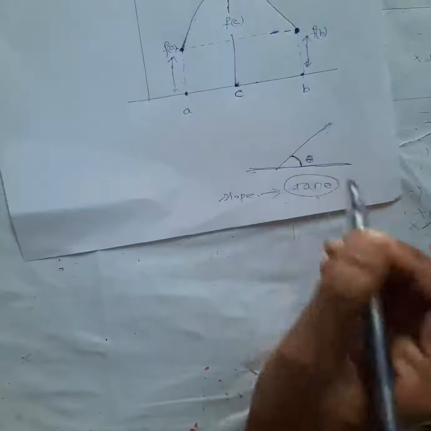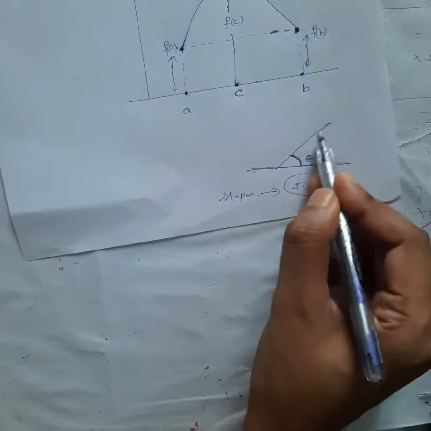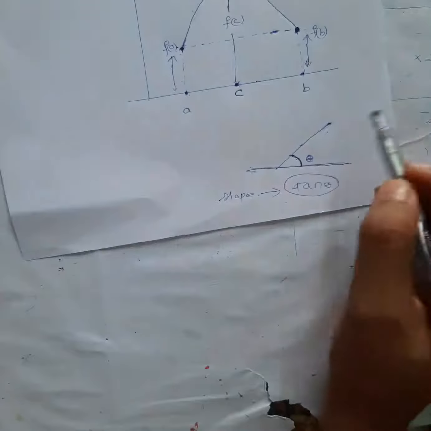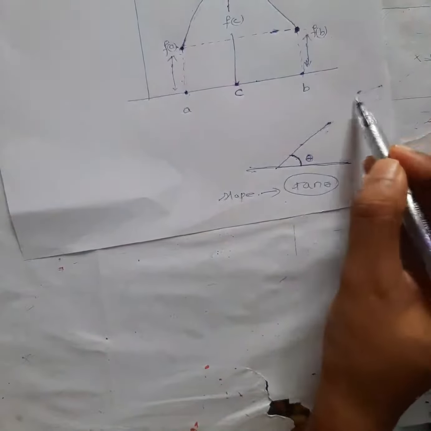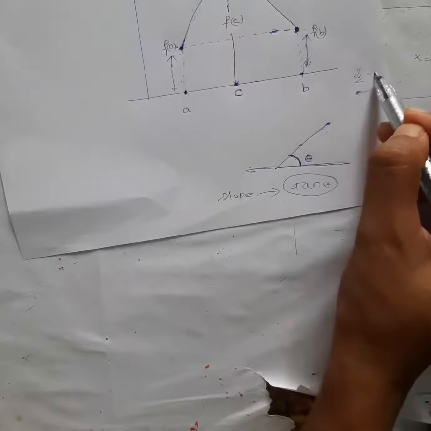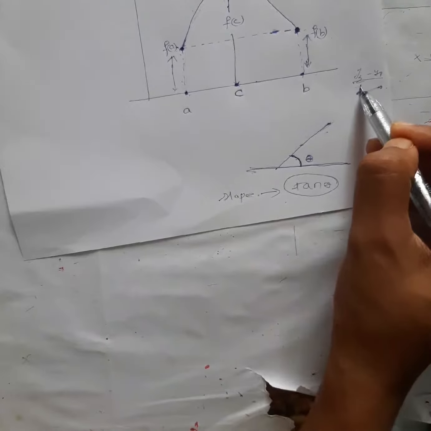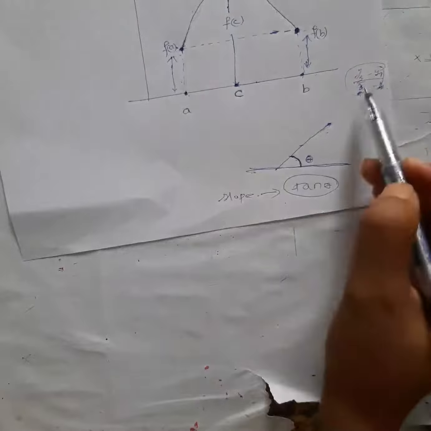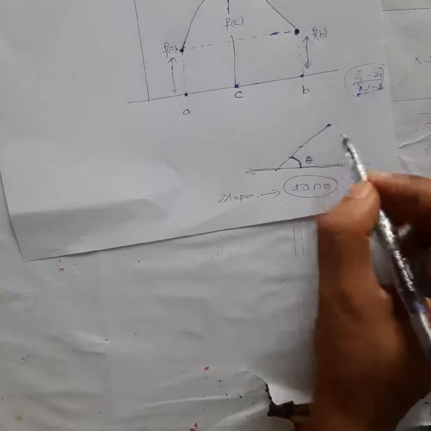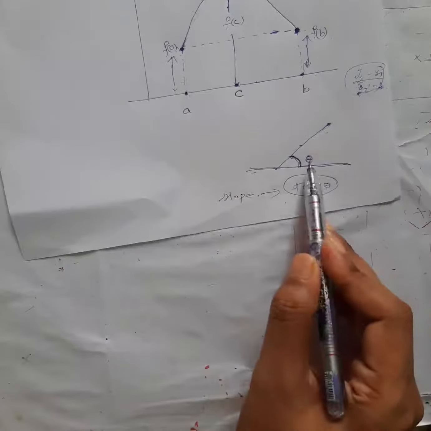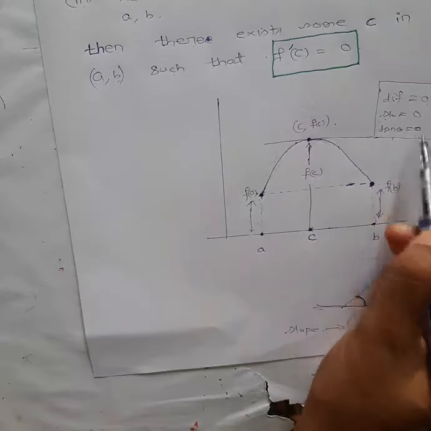So with the help of the angle I can always find the slope of this line, and with the help of 2 points also, you know, how to find the slope of a line. If you know 2 points, you can easily find the slope: (y2 minus y1) by (x2 minus x1). This was the method to find slope when you know 2 points, and when you know the angle, we find tan of that angle. Simple, right? Now see here, tan theta equal to 0 means what?